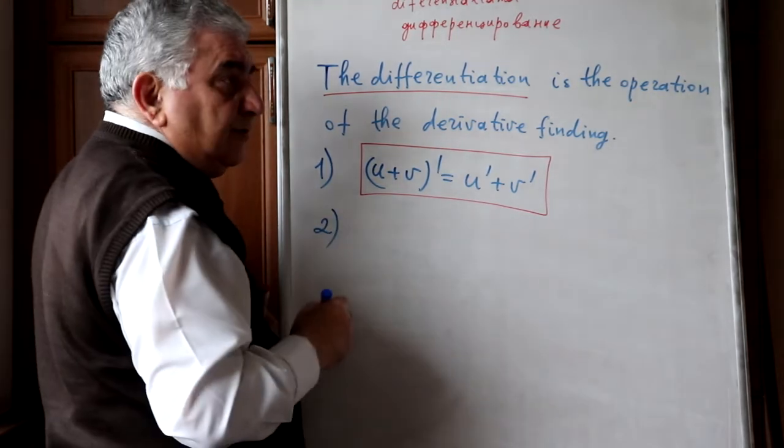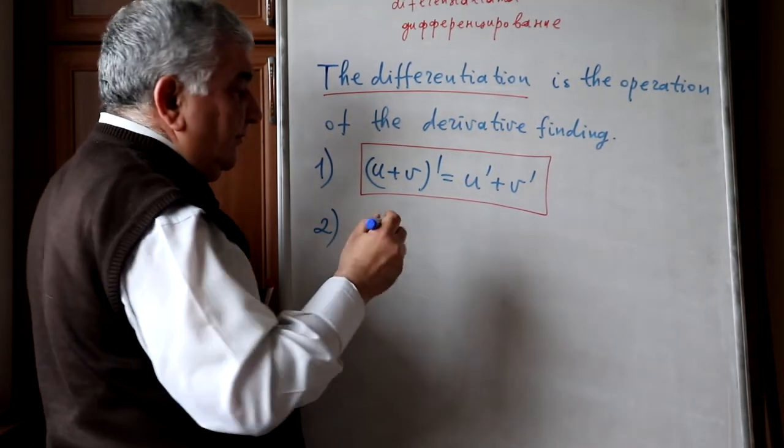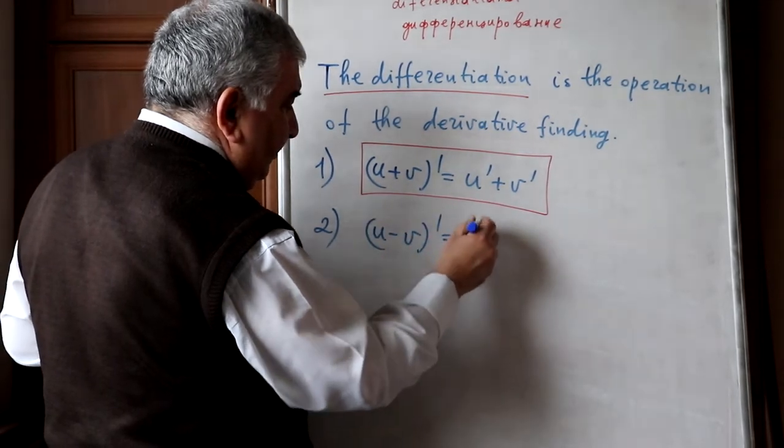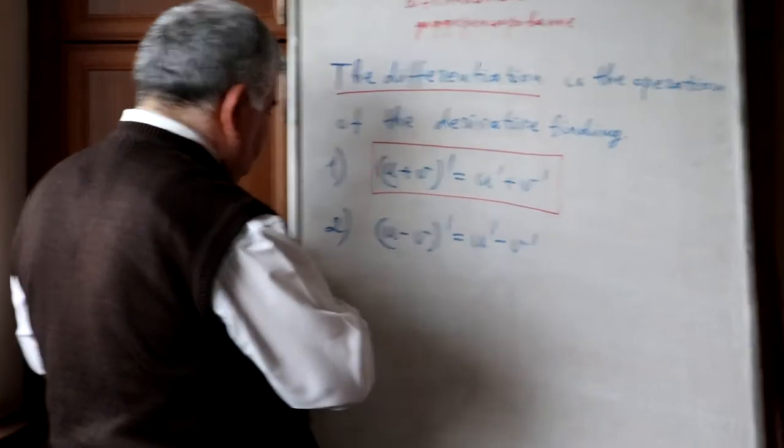Also, the derivative of the difference is the difference of derivatives. u minus v prime is u prime minus v prime.